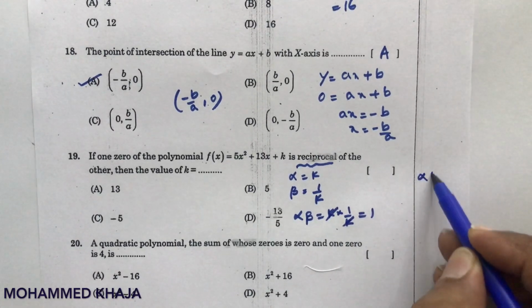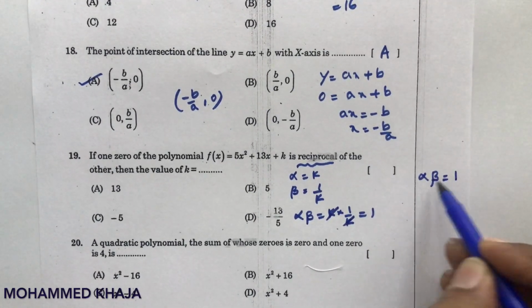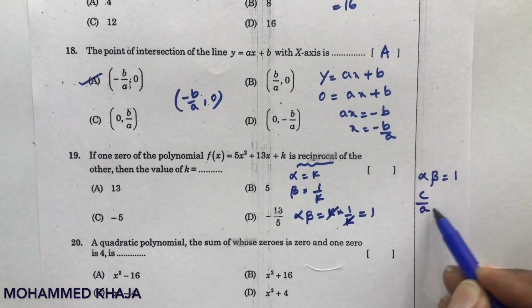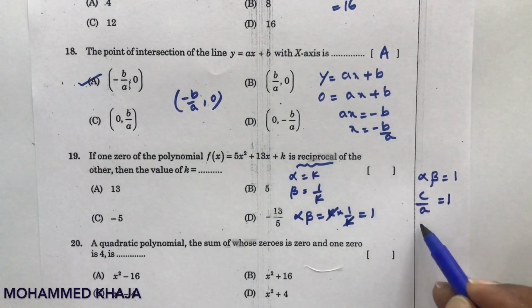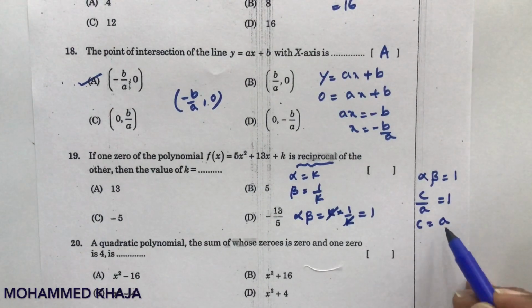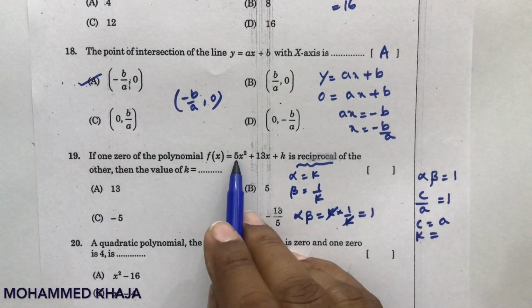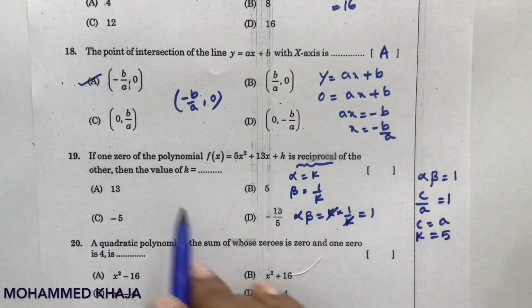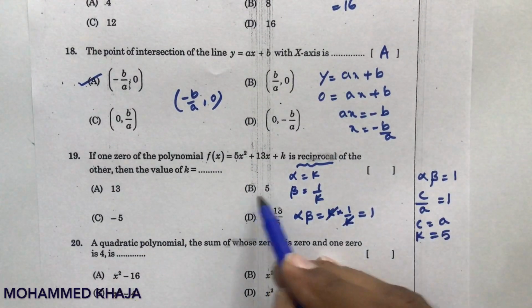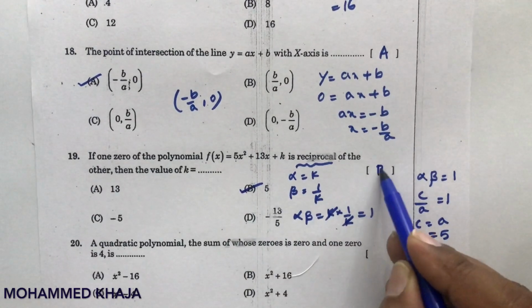So alpha into beta is 1. Alpha into beta formula is C by A. C by A equals 1. So C equals A. So here the value of C is k and A value is 5. So the value of k is 5. So the correct option is B.